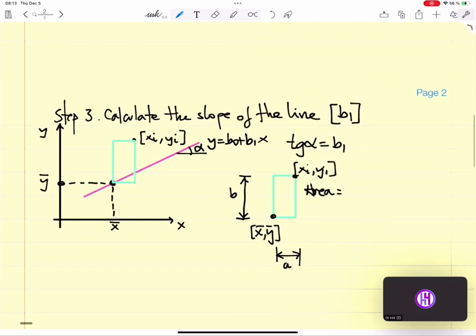So as we saw above, but what is A? Is xi minus x mean. And what is B? Is yi minus y mean, right? So the area is xi minus x mean times yi minus y mean. Are you cool with that?